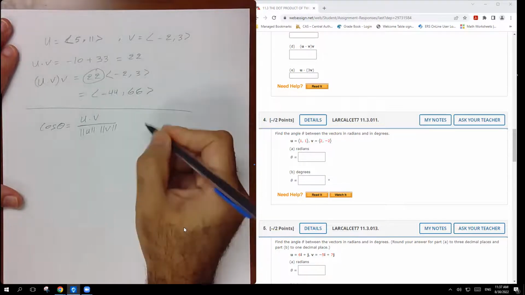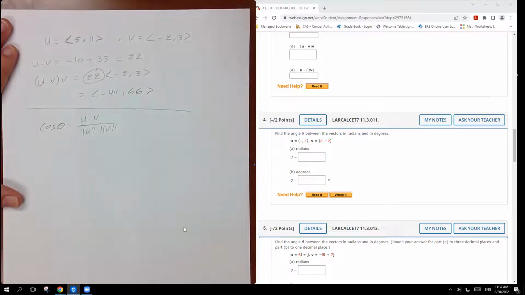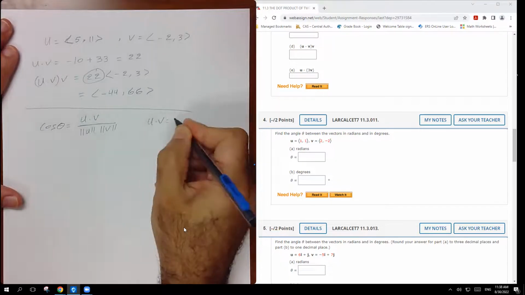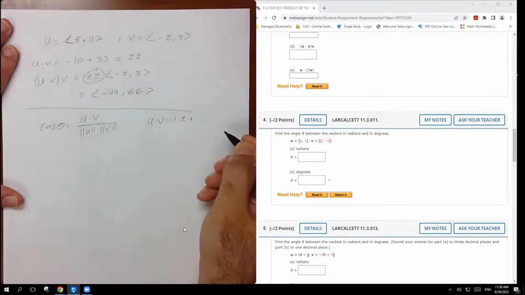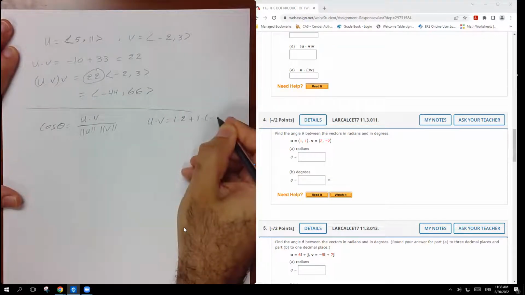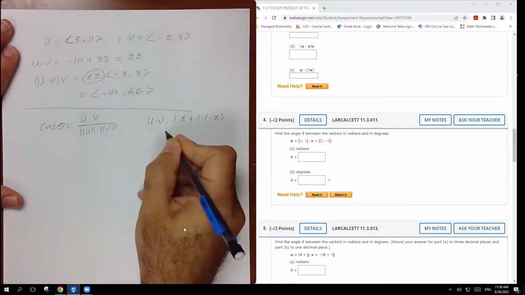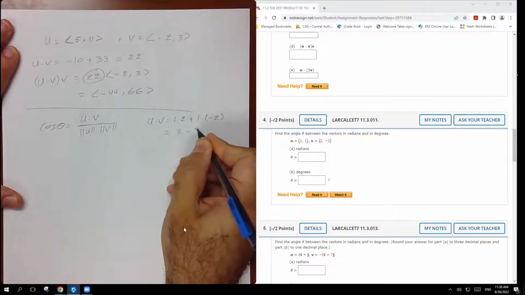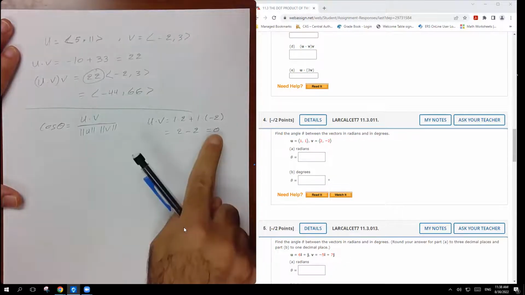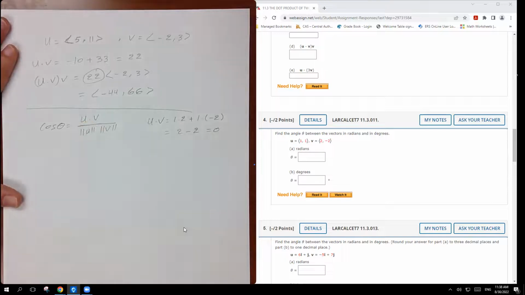So the dot product between u and v is going to be 1 times 2 plus 1 times -2. So it's going to be 2 minus 2, and it's going to be equal to 0. So the dot product is 0. So how much is theta? It would be 90 degrees, right?